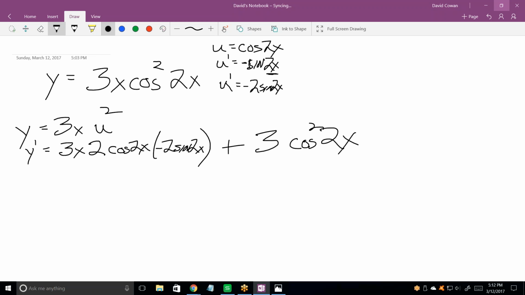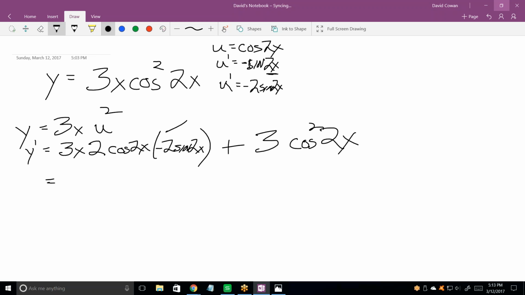Now at this point, let's combine some things. You never know what you're going to find. In other words, we have a cosine squared of 2x over here. What if we could get a sine squared of 2x somewhere? Then we could factor it out and turn it into 1. So at a very minimum, I'm going to multiply the numbers. What are the numbers? 6x.